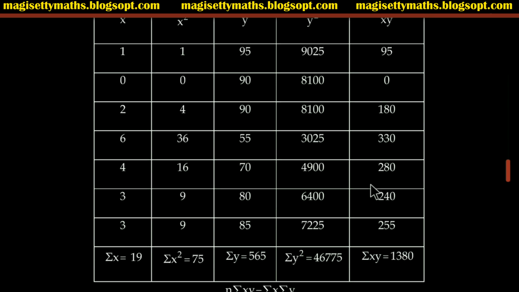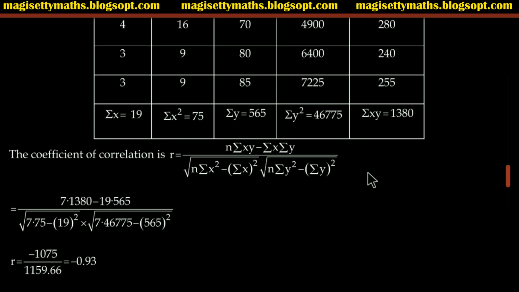Now coming to the coefficient of correlation, R is given by n into summation xy minus summation x into summation y, divided by square root of n into summation x square minus summation x whole square, into square root of n into summation y square minus summation y whole square.